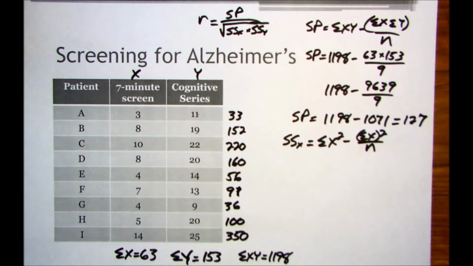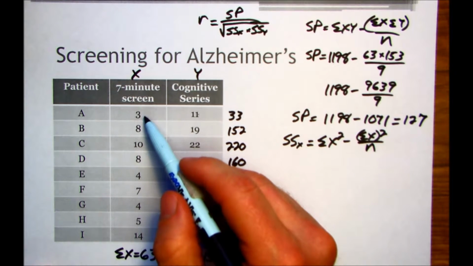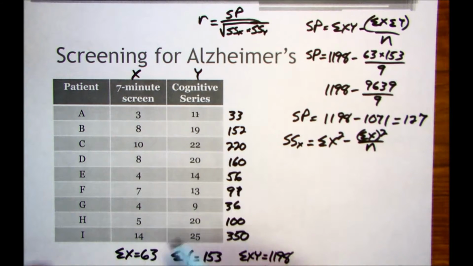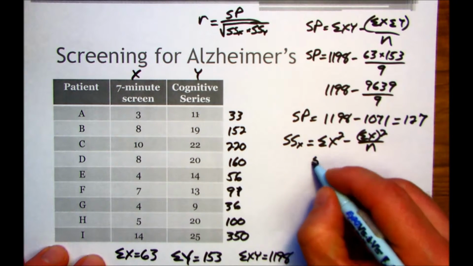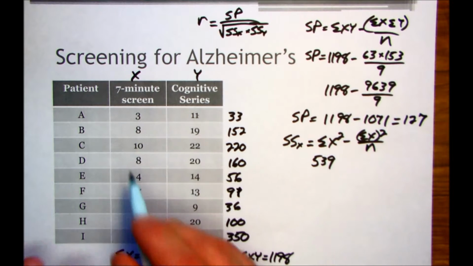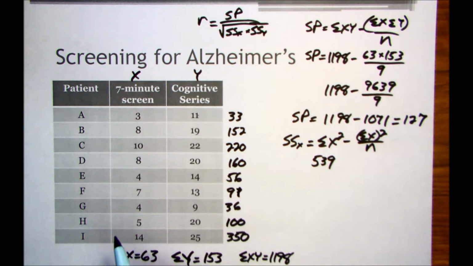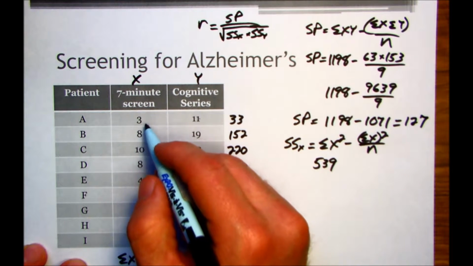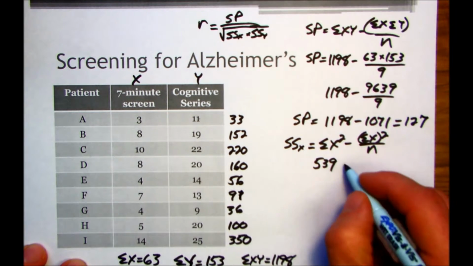We take each of these numbers, square them, and add them up. When we do that, we get 539. So at this point, if you want to pause the video and go do that, go ahead. But it'll be 539 when we take each score, square it, and add up all those squared scores.